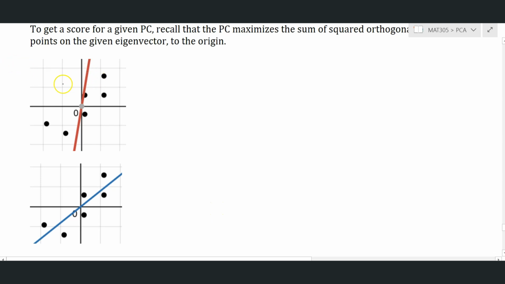Here I just have some centered, we'll just pretend like it's standardized values, and what we would do is if the red line were one of the principal components, we would project all of these points onto that, right, orthogonally. So each of these angles would be 90 degrees, and this guy's angle would be 90 degrees, and this guy kind of falls on the line almost, 90 degrees, 90 degrees, and 90 degrees.